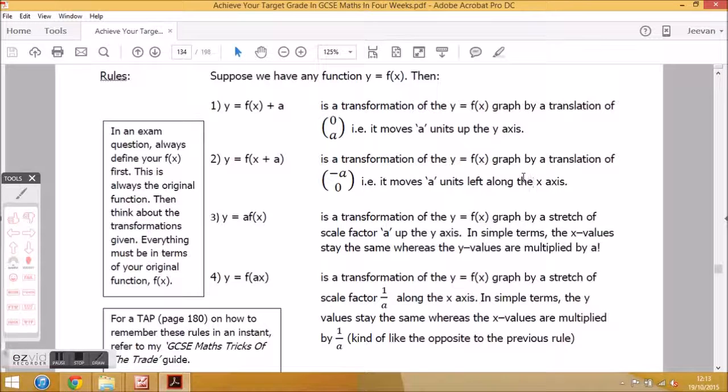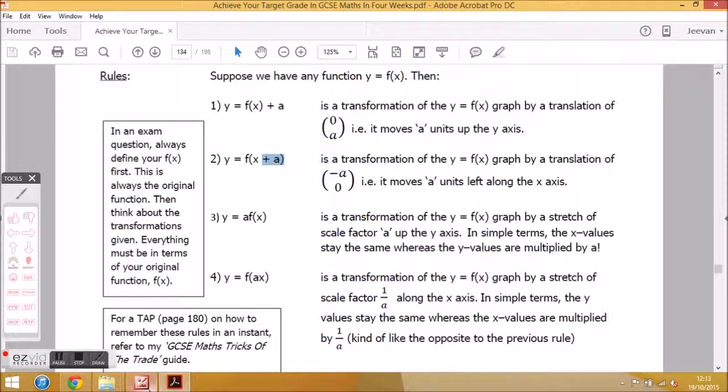The way I like to remember the transformations in x is that it does the opposite. If you look at this rule here, if we've got a plus a, it shifts the whole graph a units to the left. So let's go back to our question.